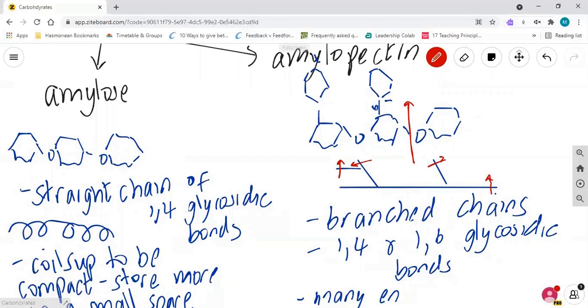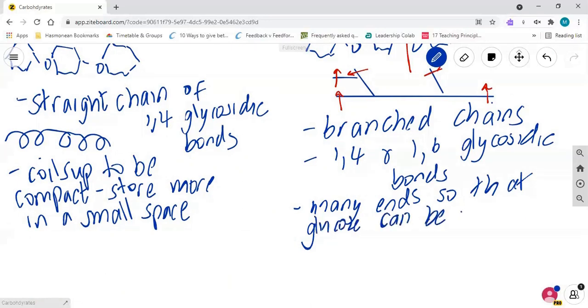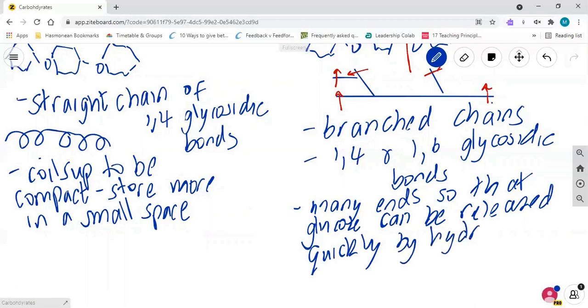Because on this chain, for example, I have 5 ends. So we describe it as having many ends so that glucose can be released quickly by hydrolysis to be used in respiration.